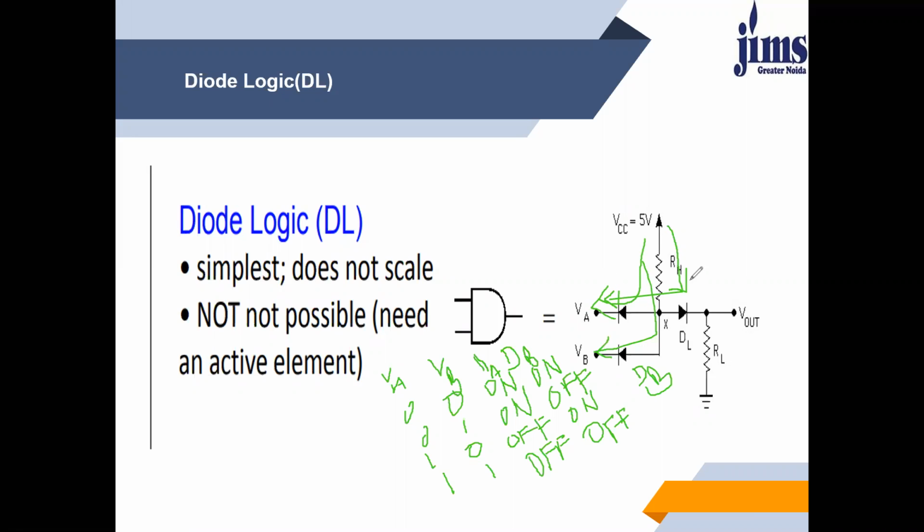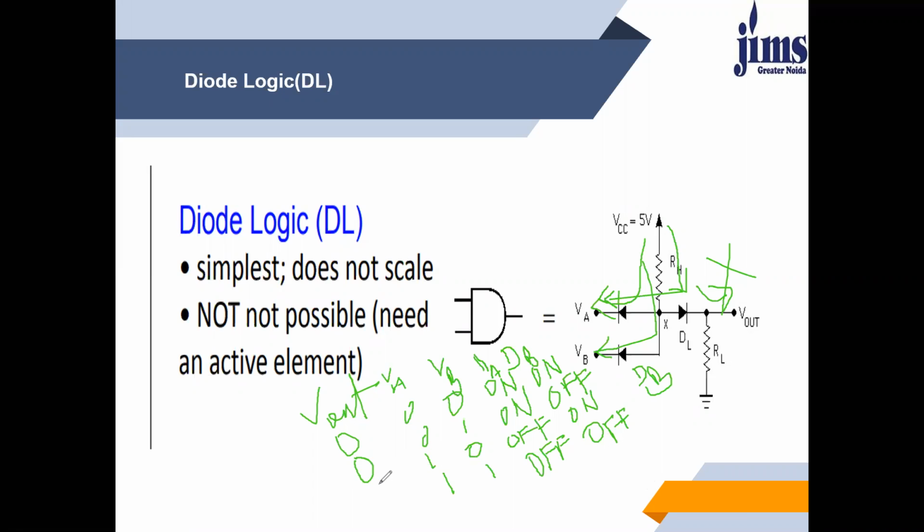No current will pass to the output side. So in the first case, V out will be 0. In the second case, again V out will be 0. Why? Because current is finding a path through DA.